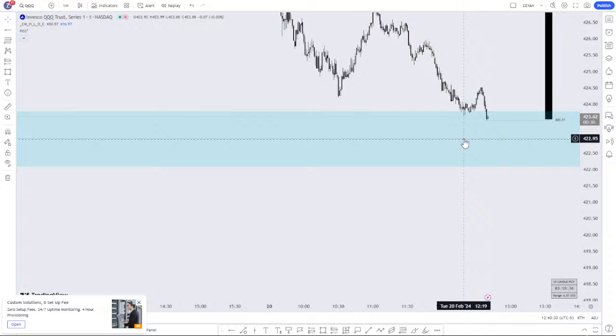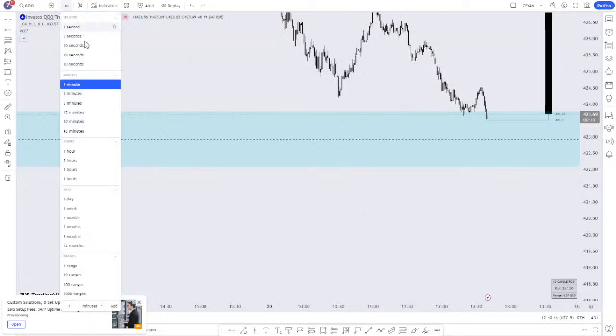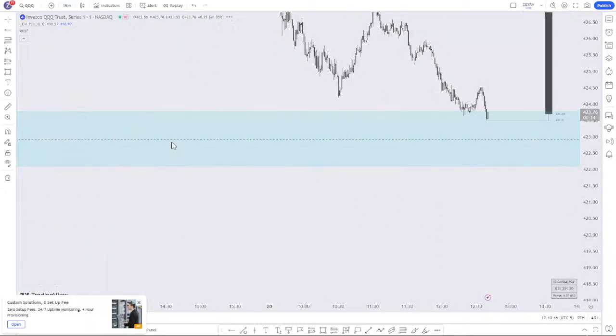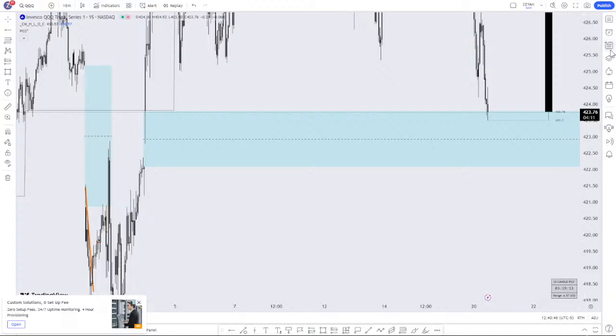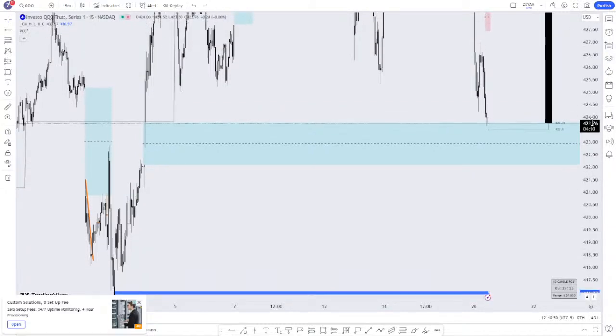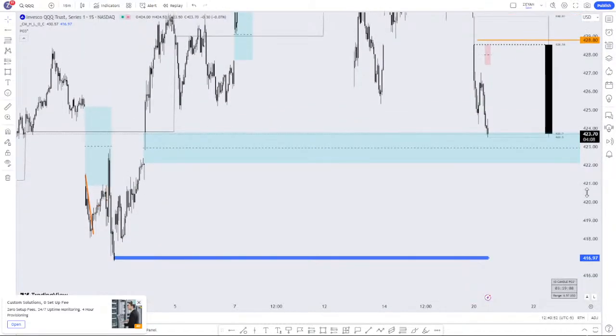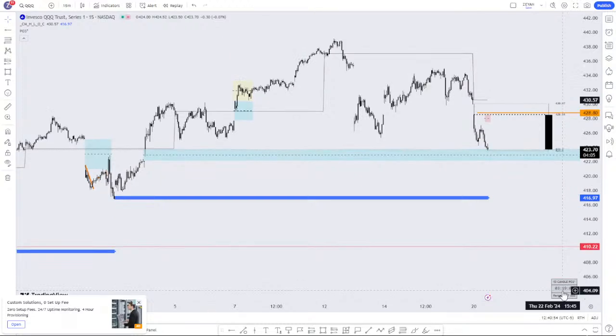Why do I say the opening range gap is an area of interest? Because it's an interesting area. This doesn't imply any action as we are coming down. What I am saying is a naturally progressed way to look at things.